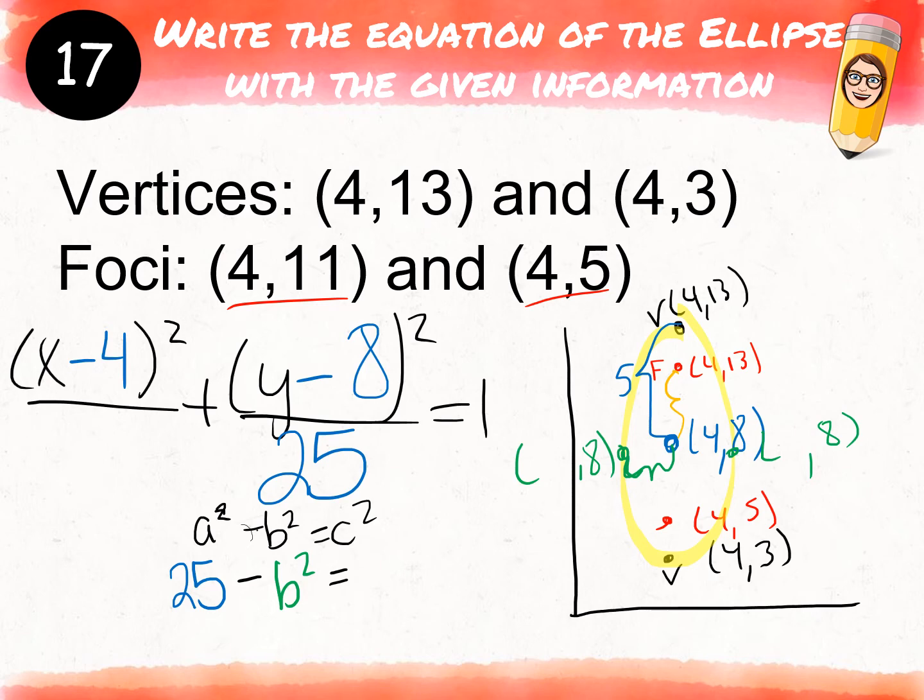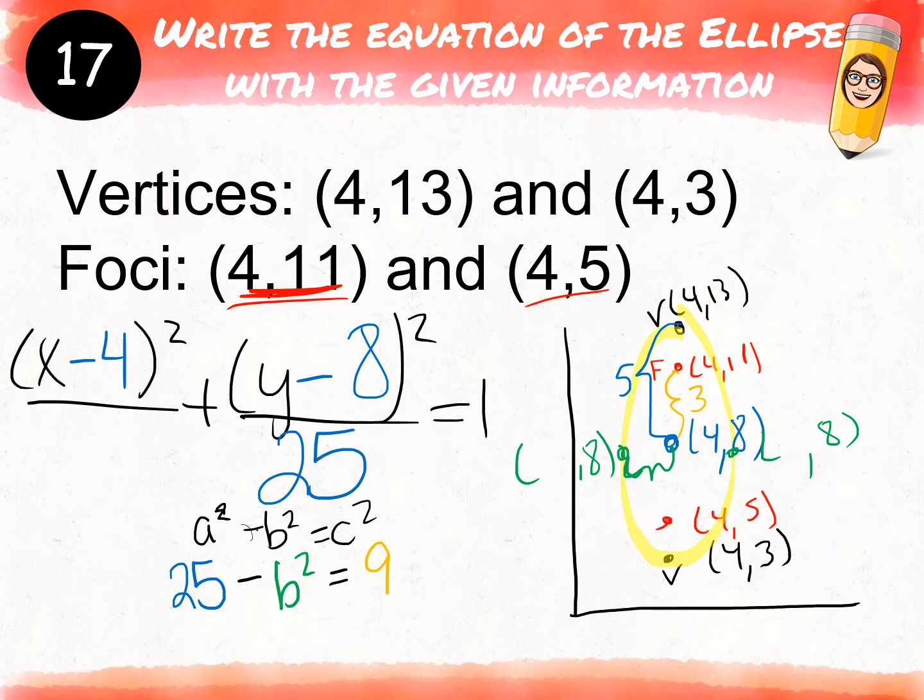Sorry, that's 11. Oh my goodness. I don't know why I wrote 13. 4, 11, right, from here. The distance from 8 to 11 is 3, or the distance from 8 to 5 is 3. 3 squared is 9.